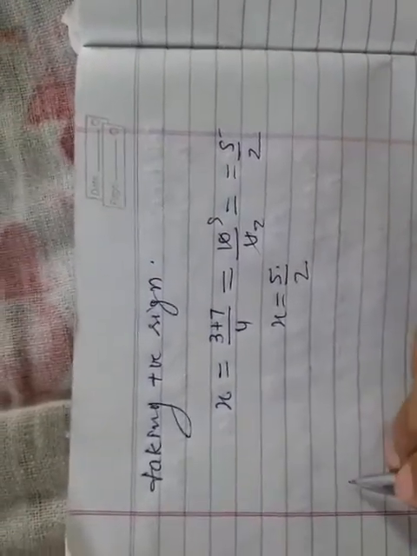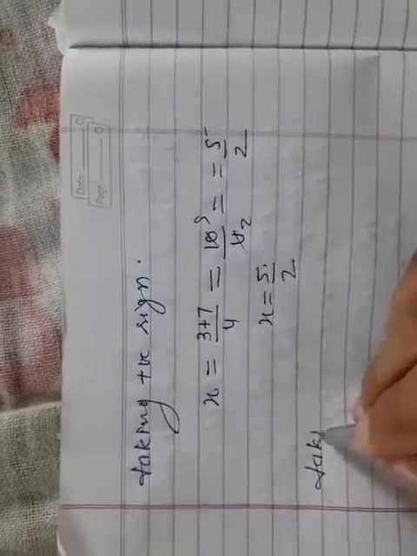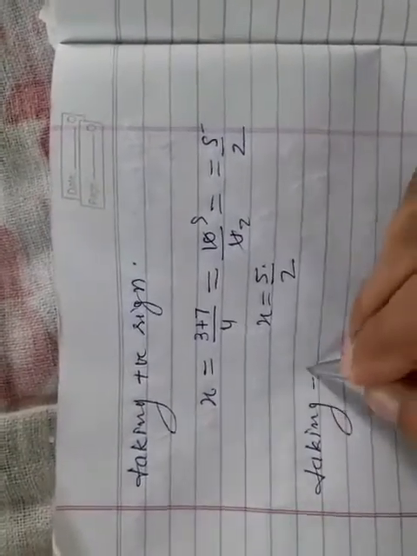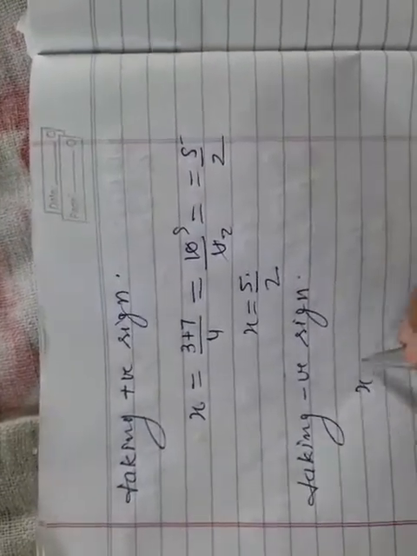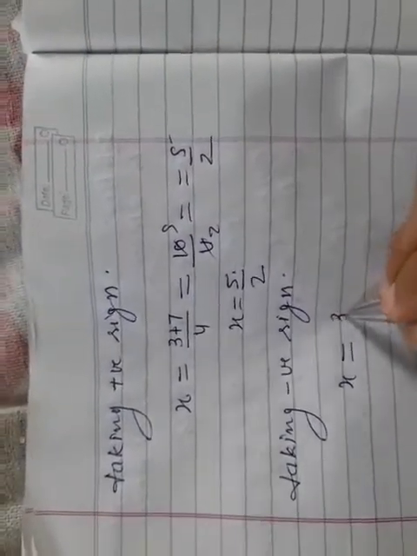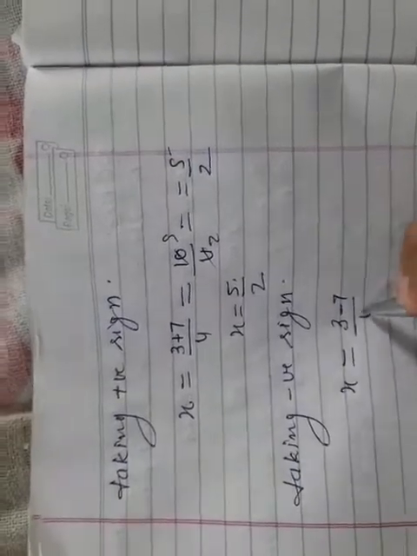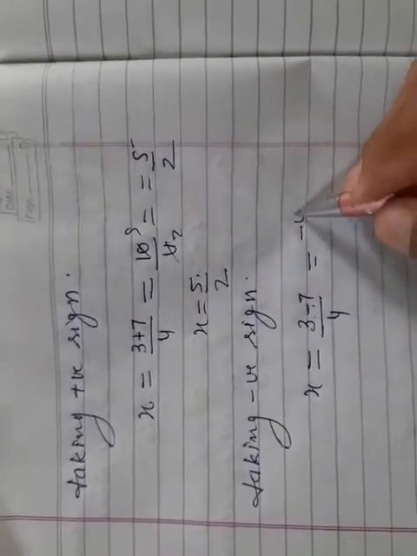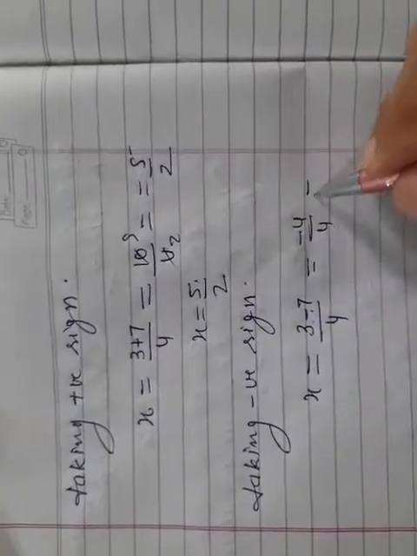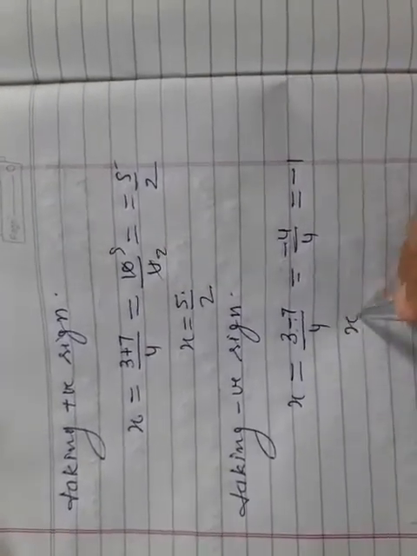And second one, taking negative sign, x is equal to 3 minus 7 by 4. The minus term is greater, so we get here minus 4 by 4. What we get? Minus 1. x is equal to minus 1.